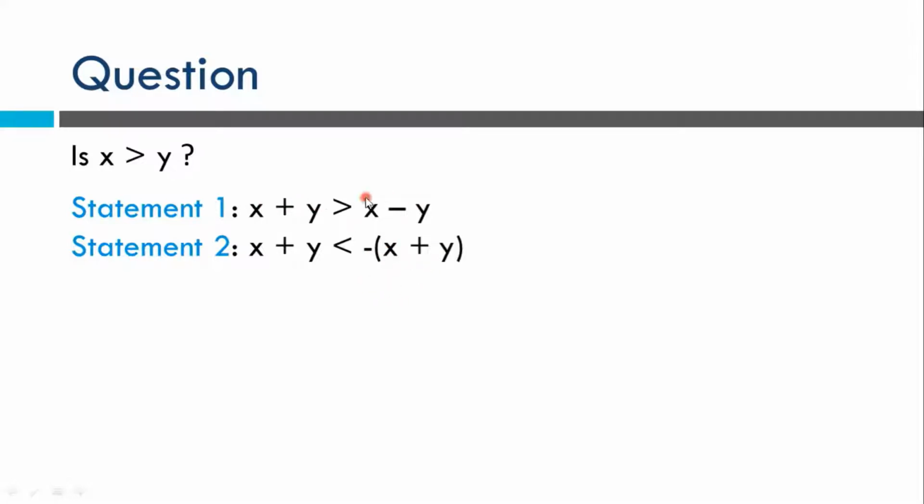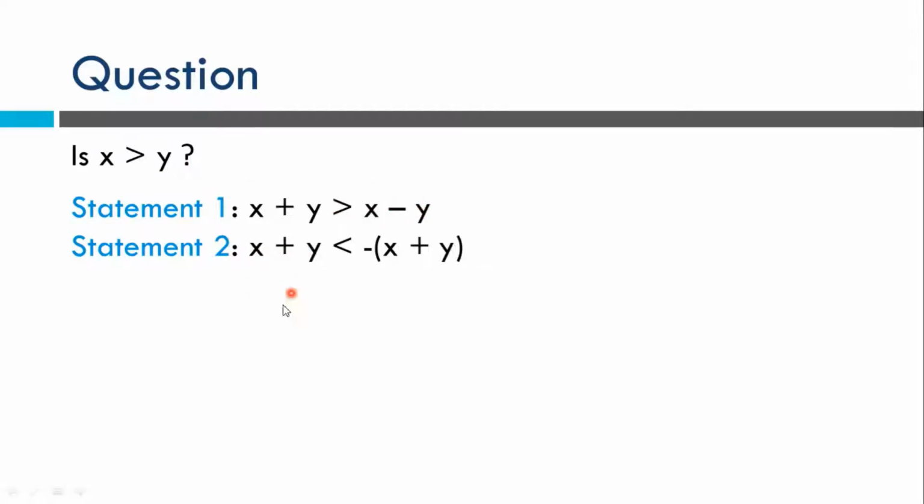Are you getting these two statements? Mathematically, these are written. Statement 1 is that if you are taking two numbers in such a way that one is greater than the other one, then the sum is greater than their difference. When you are adding these two numbers, that must be greater than when you are subtracting.